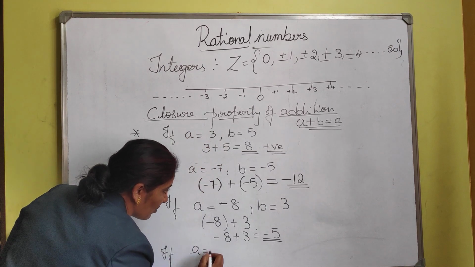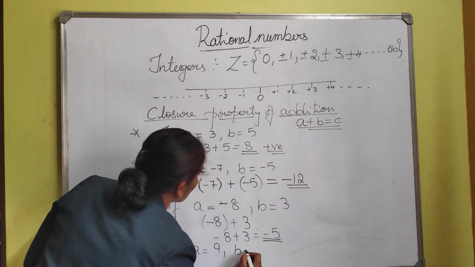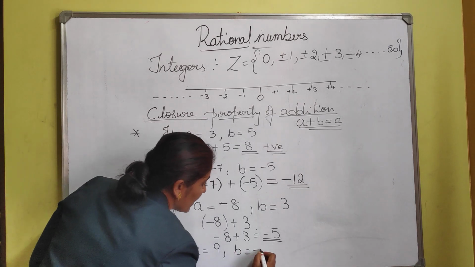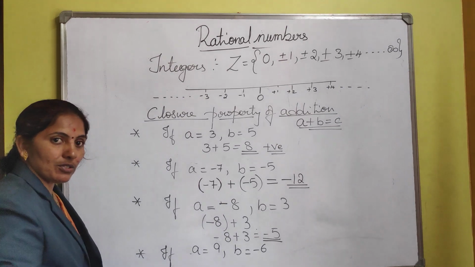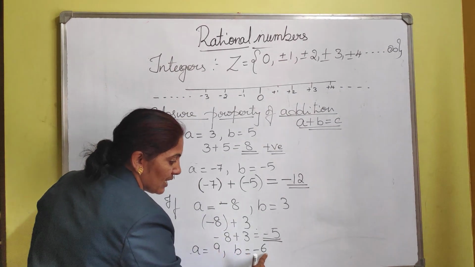See the last example of this closure property of addition. If A is equal to 9 and B is equal to minus 6. You can observe here, A is a positive integer, B is a negative integer.